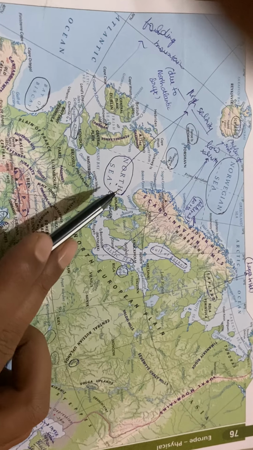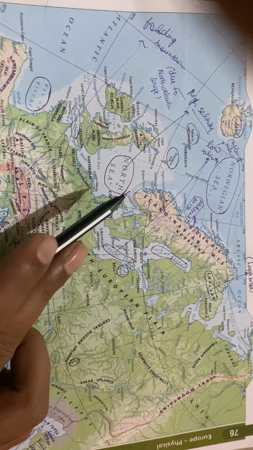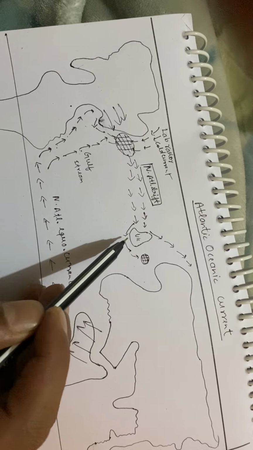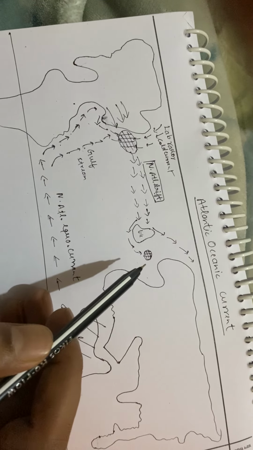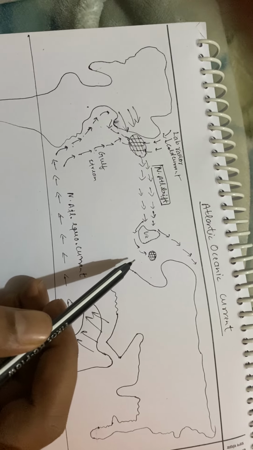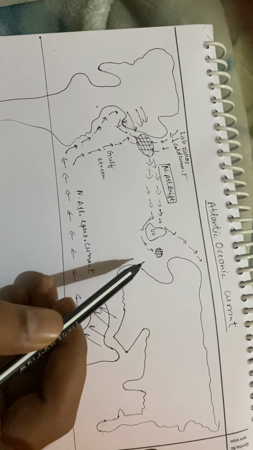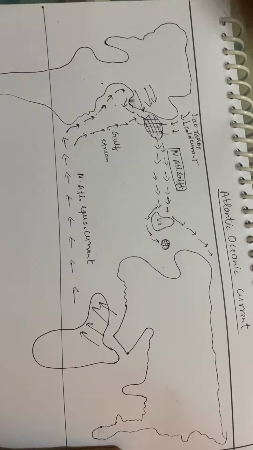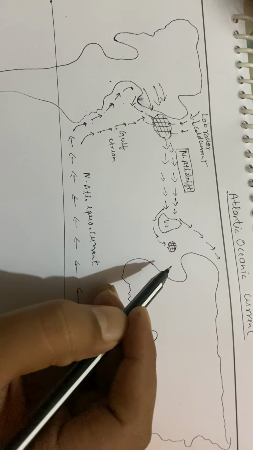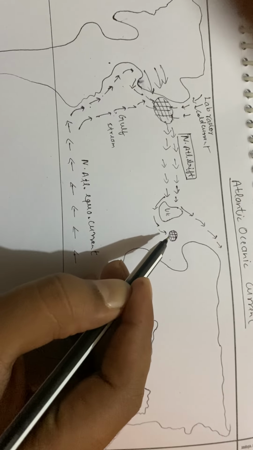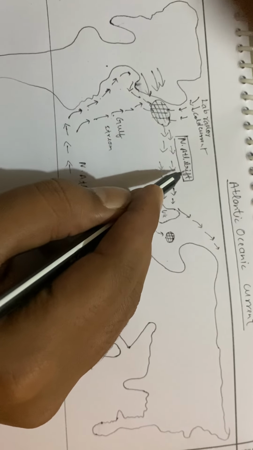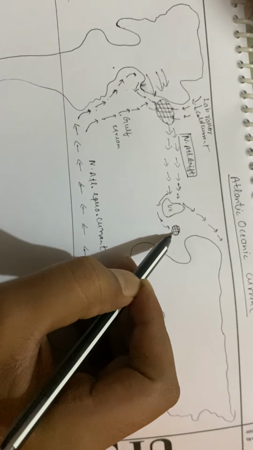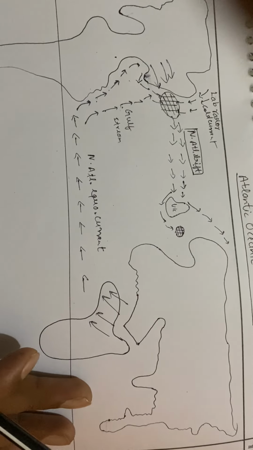Because of the North Atlantic Drift, the North Sea is more saline than the Baltic Sea. This is very important. Once UPSC asked this question. So this is the North Atlantic Drift, by which the North Sea has more saline water. Clear? Okay.